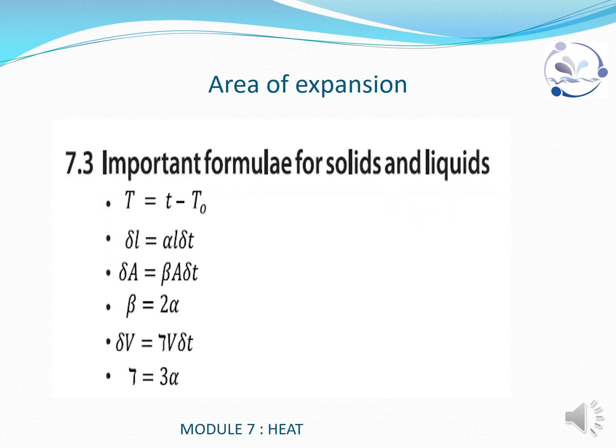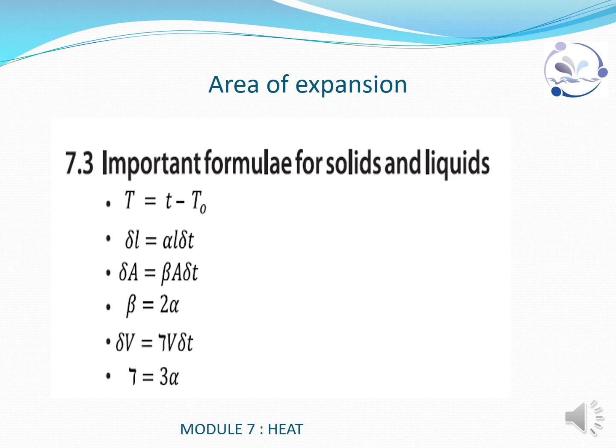Then we come to important formulas for solids and liquids, where T is the same as T minus T original. That's how you convert from Celsius to Kelvin to Celsius. Then we come to the formula for changing length. Changing length is the same as coefficient of linear expansion multiplied by original length multiplied by changing temperature.